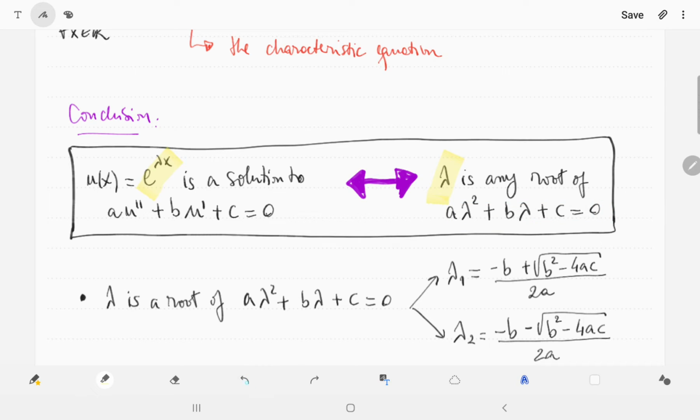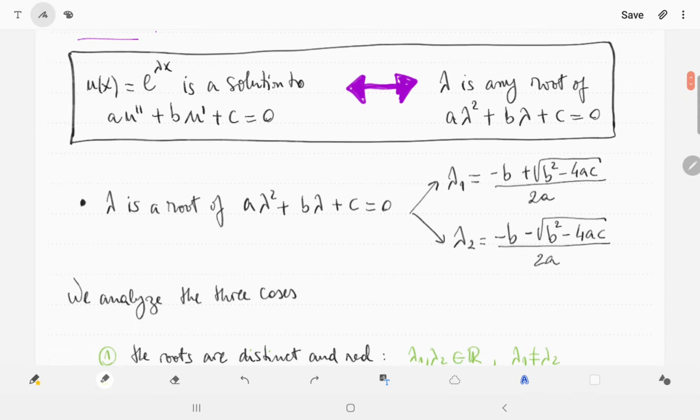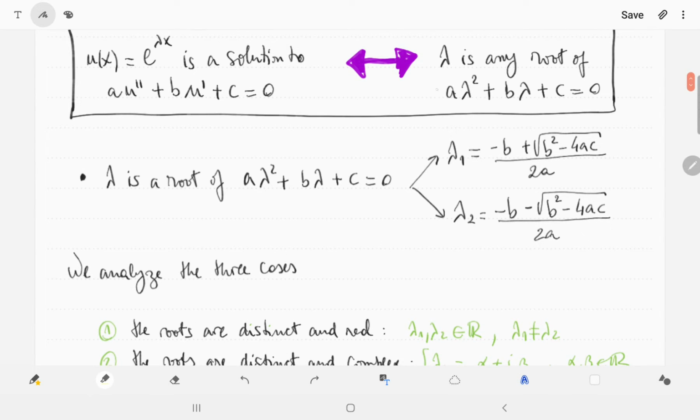Okay, so this is our super important conclusion. And now we have cases, right? We know how to solve this type of equation. It can have two real solutions, two complex solutions, or one solution with multiplicity 2. So we divide these three cases and see what happens.